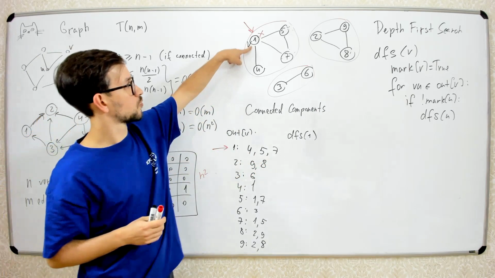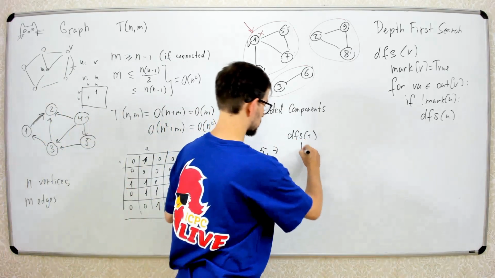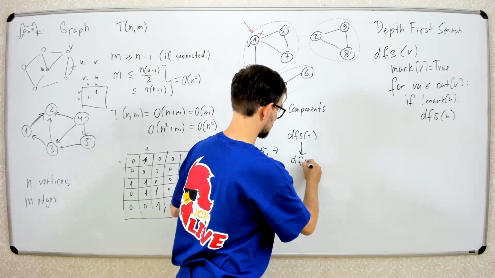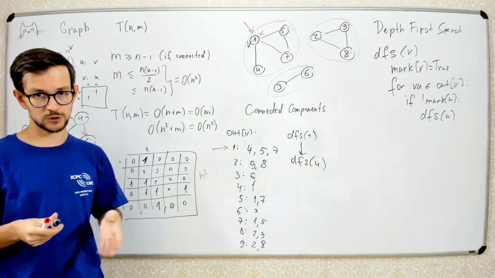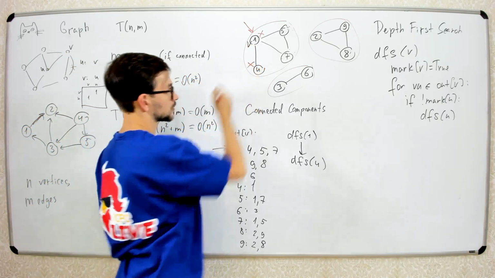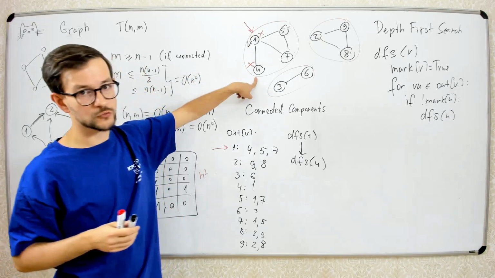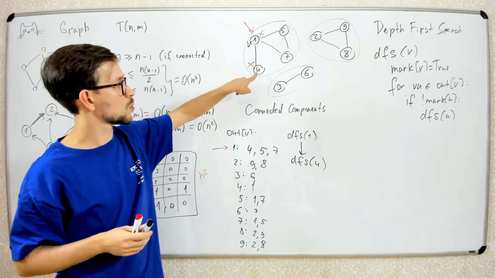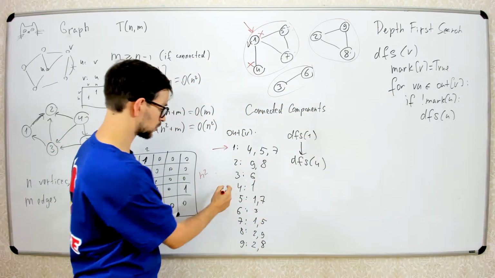So we go to node 4 and recursively try to find everything connected to node 4. We mark node 4, then iterate over all neighbors of node 4.